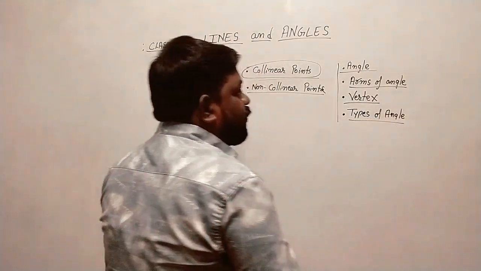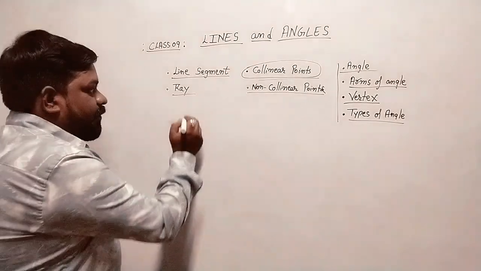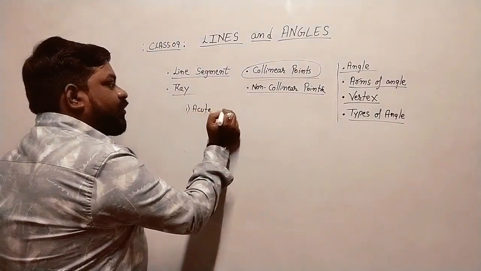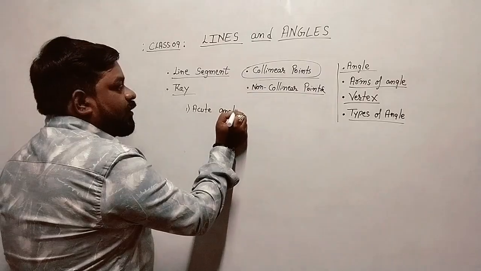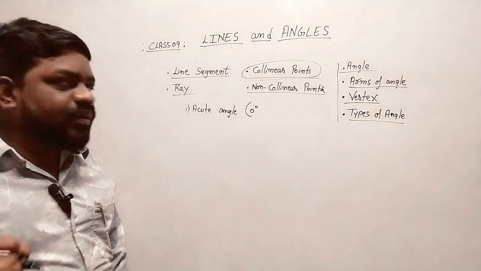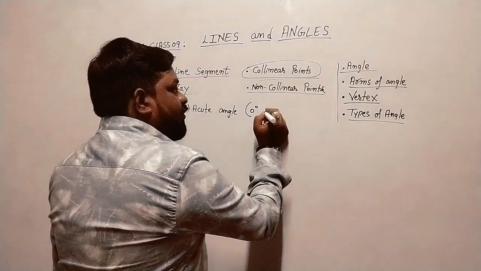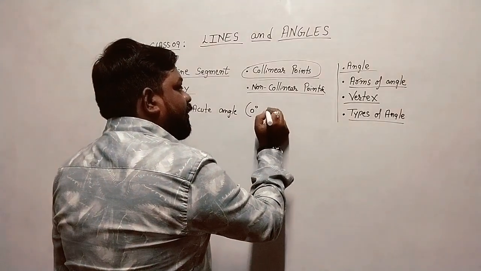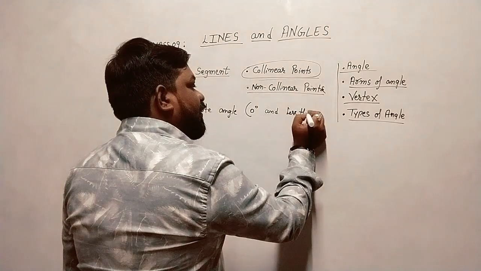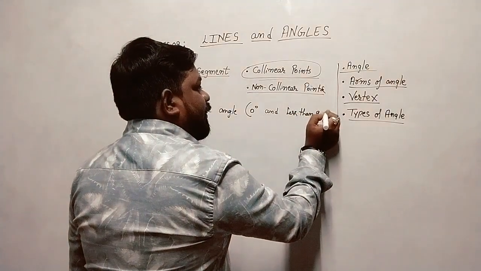Next we will move on to types of angle. First one is acute angle. An acute angle is a measure between 0 degrees and less than 90 degrees.